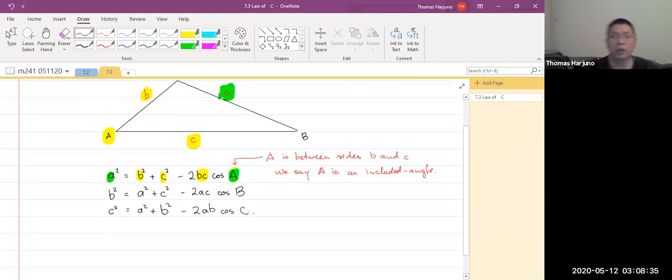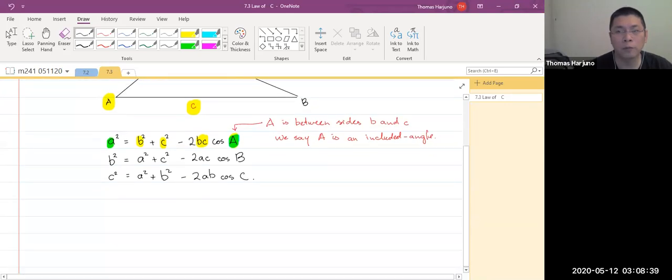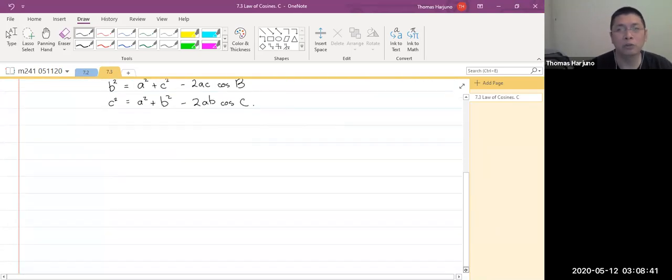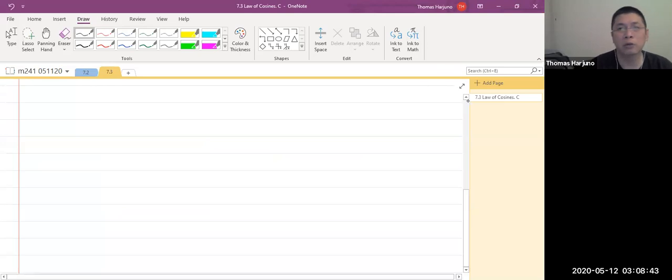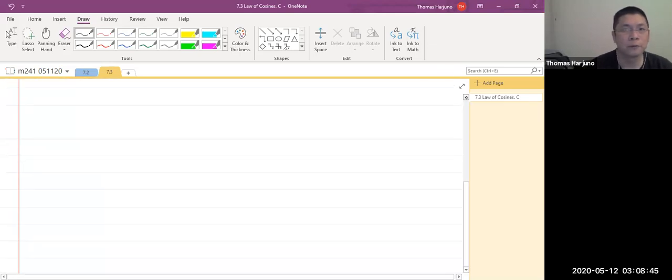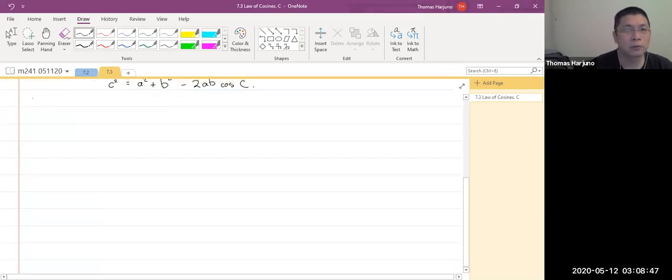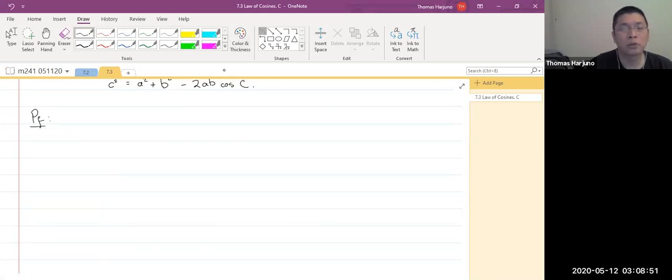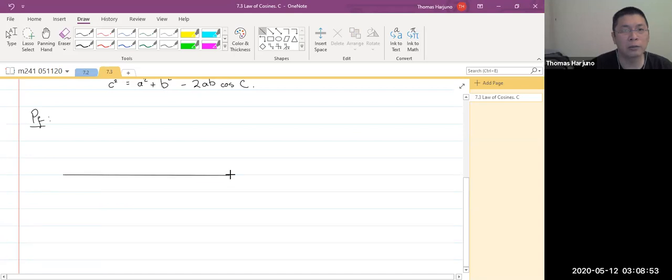Now, in the next couple of minutes, I will give you the proof of this law of cosines. There are actually two different proofs, but I would like you to know at least one proof. The proof. Now, suppose I draw that again.